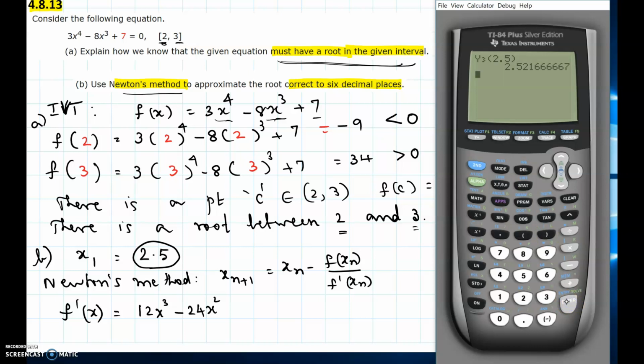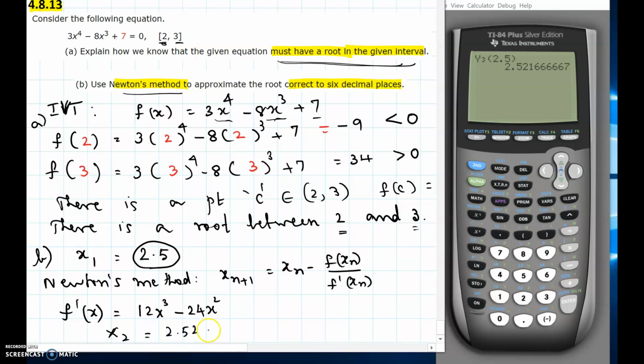What you get is the second approximation, which is 2.52166, and then some more digits. So this is our x2.